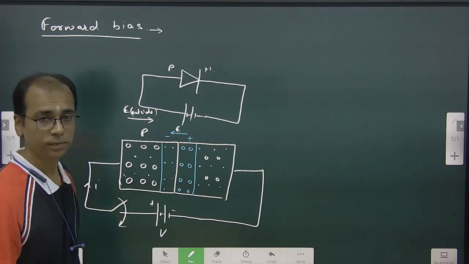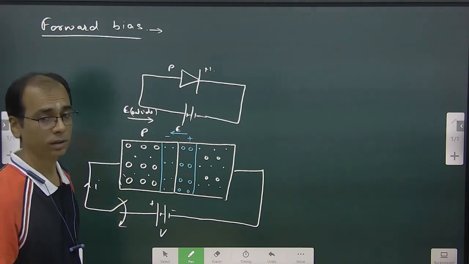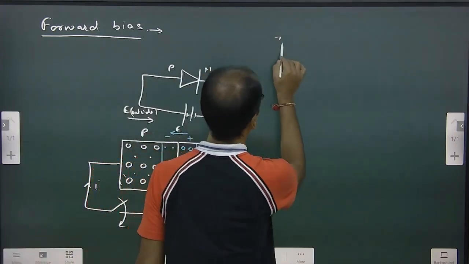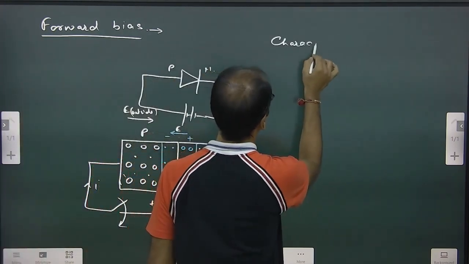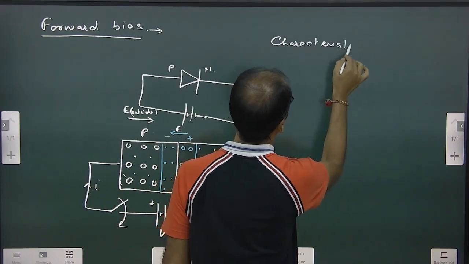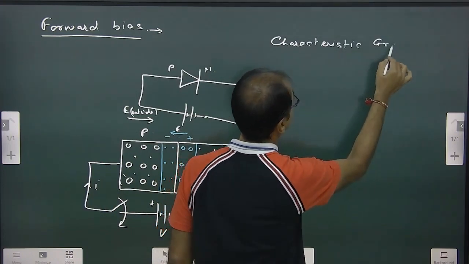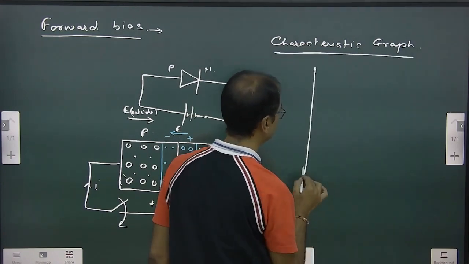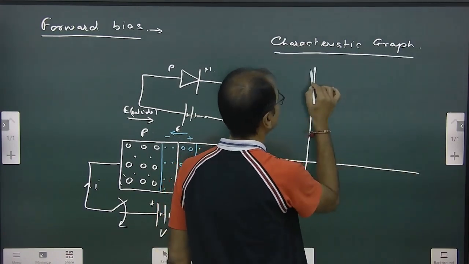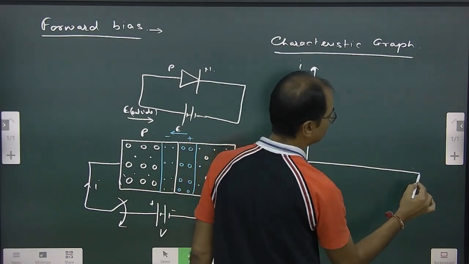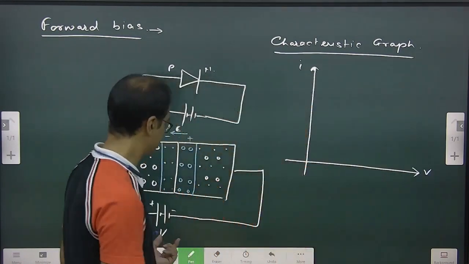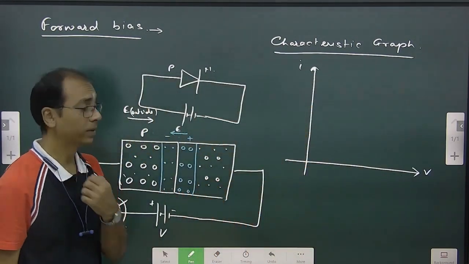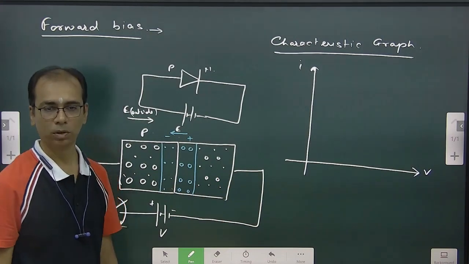How is the graph? The characteristic graph is important. This is the IV graph. This is I and this is V, where V is the battery voltage. When V is zero, current is also zero.